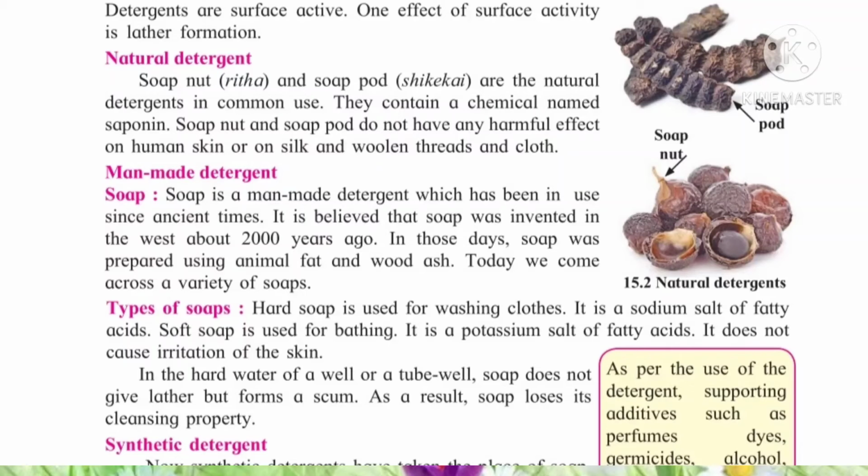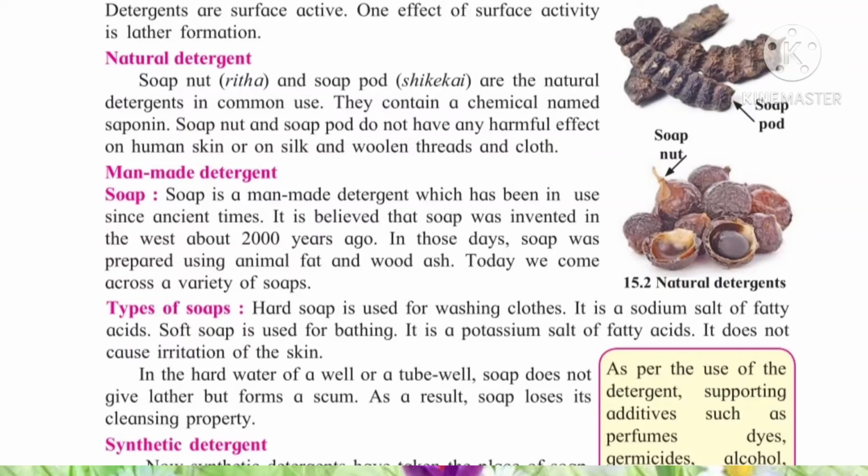Now let's see some examples of natural detergent. Soap nut. Soap nut means Reetha. See in the picture, a picture of Reetha and shikakai. Soap pod, that is shikakai, are natural detergents in common use, as we get these things naturally from a tree. So these are called natural detergents.